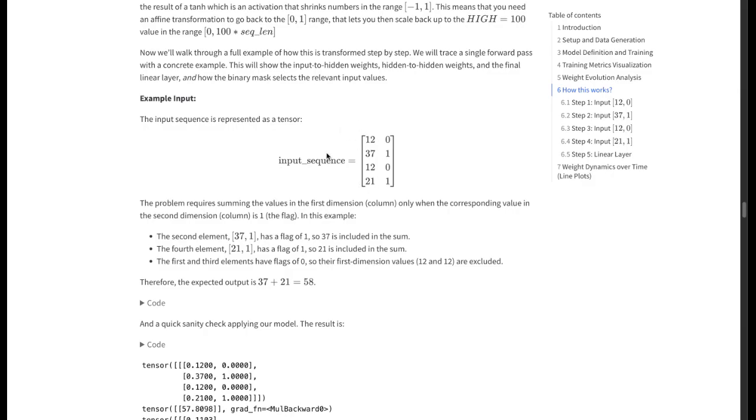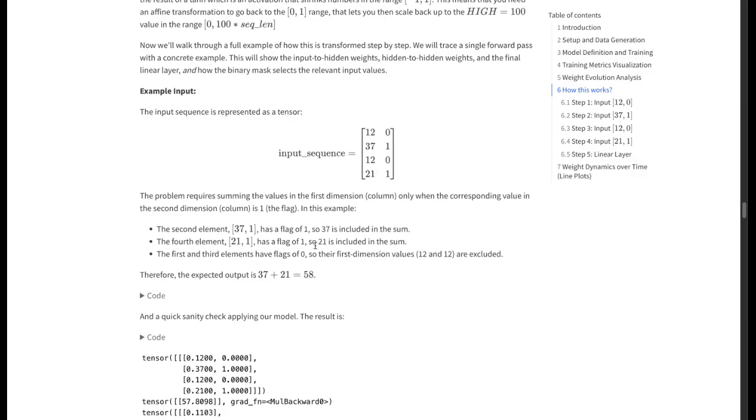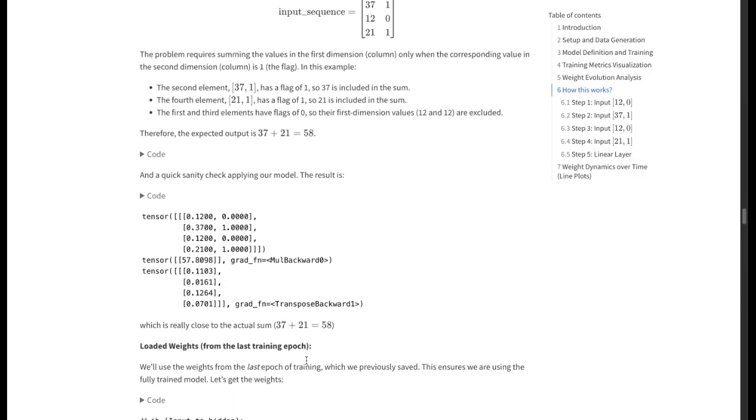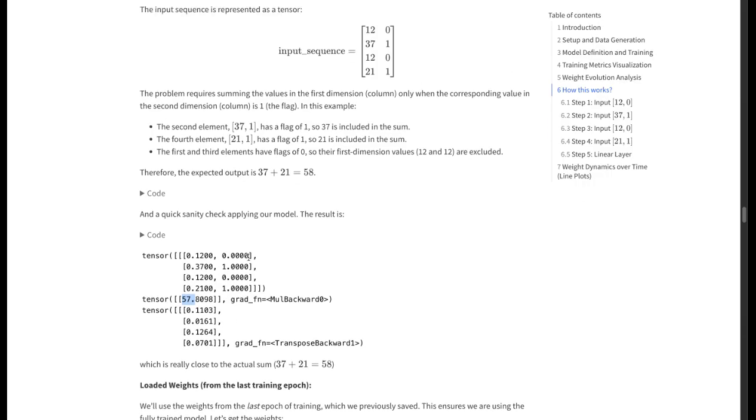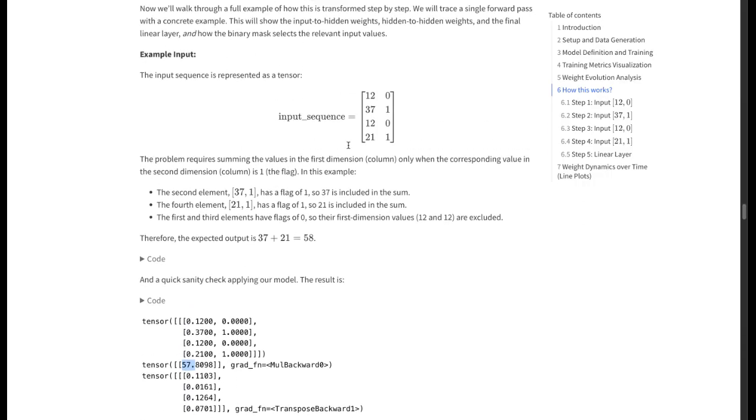This is an input sequence I tried as an example through this article just to be sure that everything was working properly. We see here that the output is 57.8, which is almost the real sum when we approximate by the ceiling function.